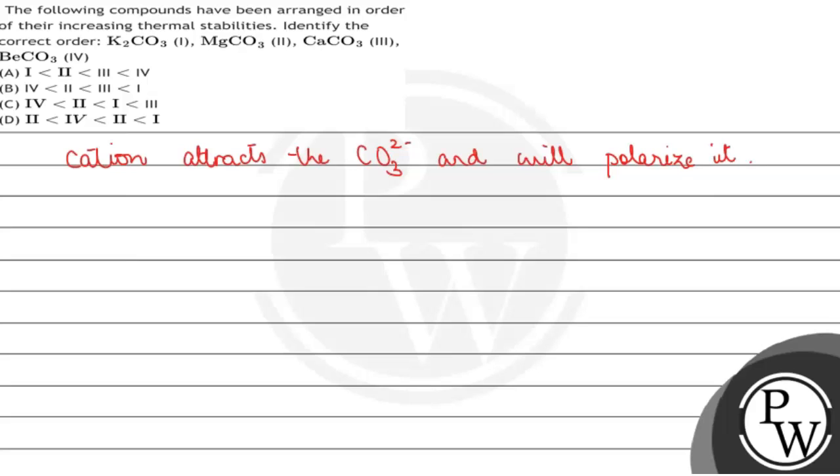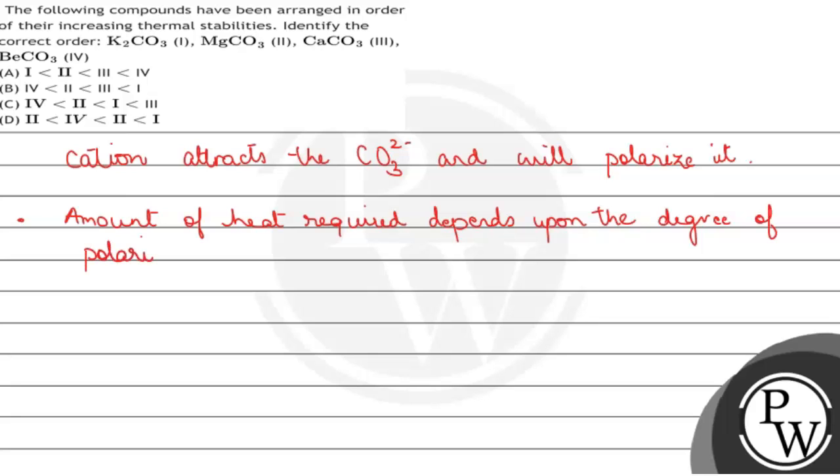Right. The amount of heat required to break the carbonate depends upon the degree of polarization. cation anion को कितना polarize करेगा वो decide करेगा कि कितनी amount of heat required होगी to break that bond.